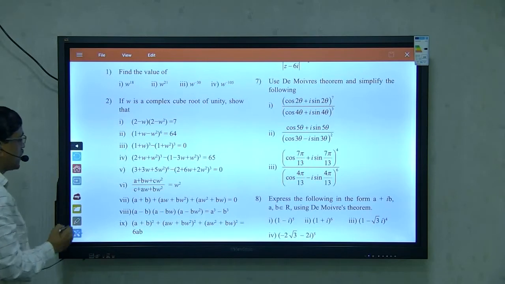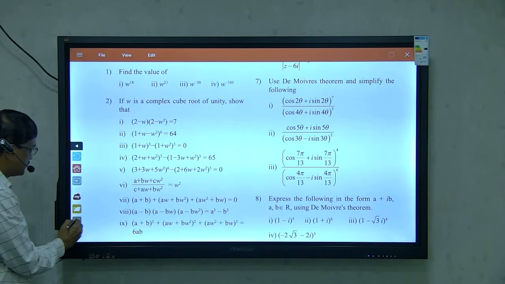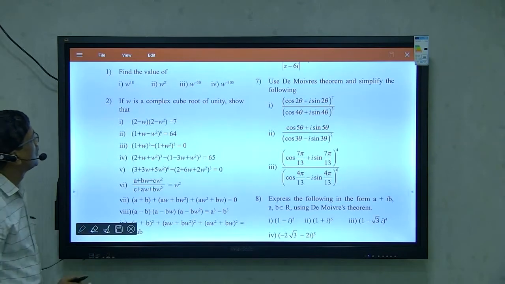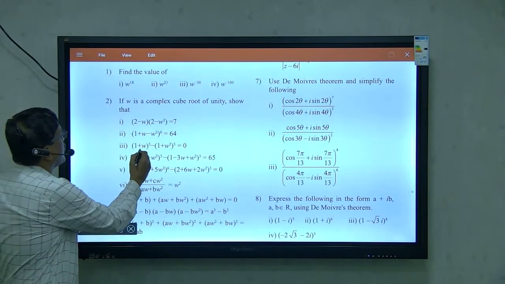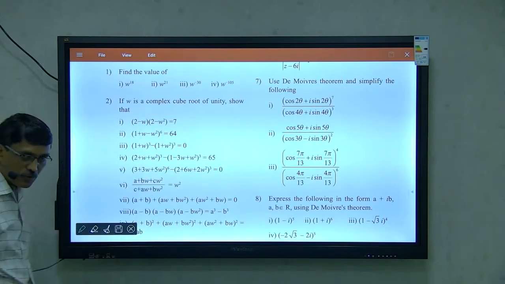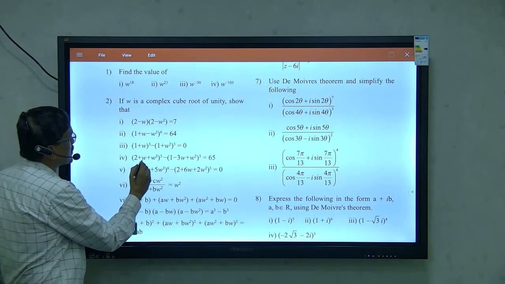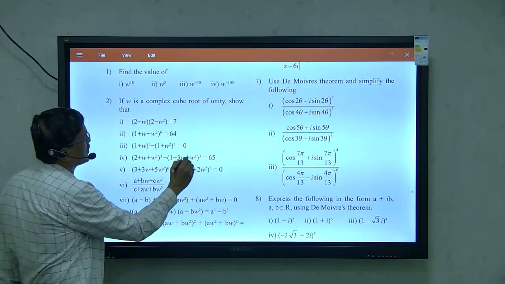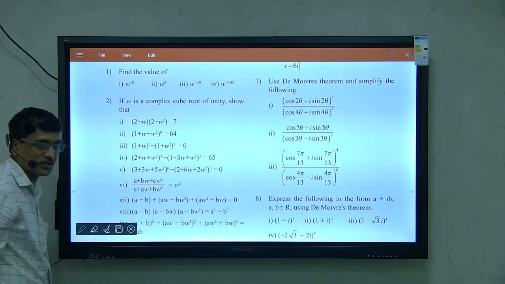Now let us solve one more example. Example number 4: (2 plus omega square) cube minus (1 minus 3 omega plus omega square) raised to 3 is equal to 65. Let us show it.